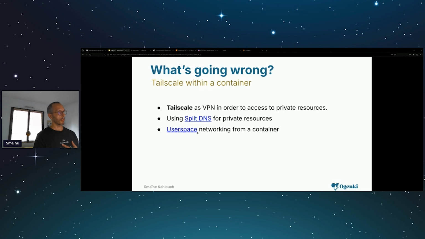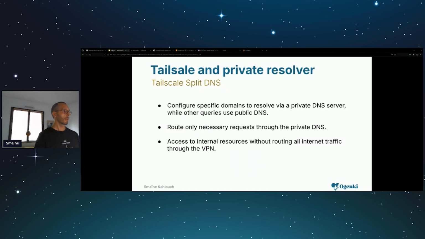It runs with a specific configuration, because in a container environment it has to run in user space mode, and it has some limitations in user space mode. So I can't do what I want in the CI.